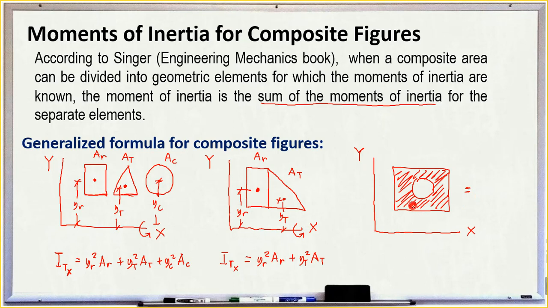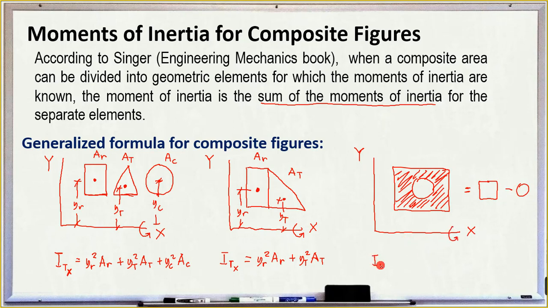So with the moments of inertia, we can also use the subtraction rule, because we can solve this composite by dividing this one into two parts. We have the rectangle subtracted by a circle. So let's say our axis of rotation is along the x-axis.